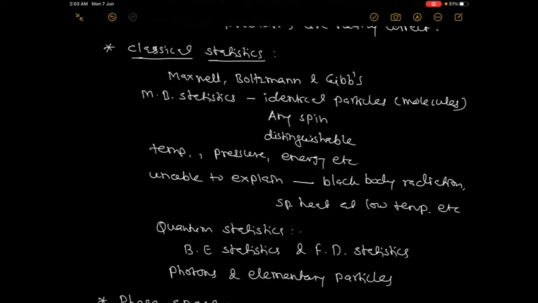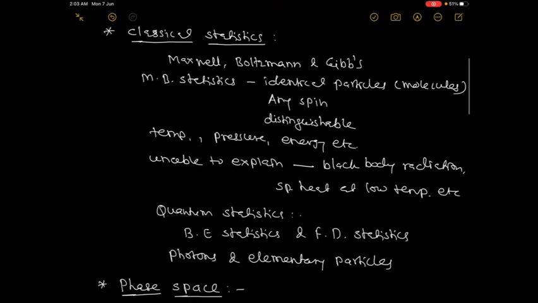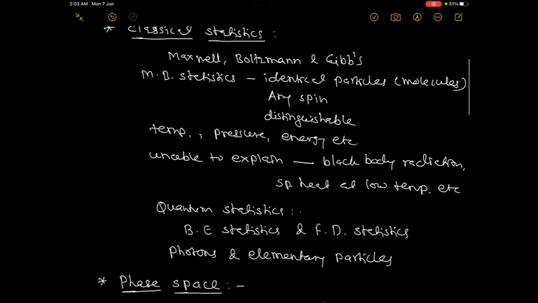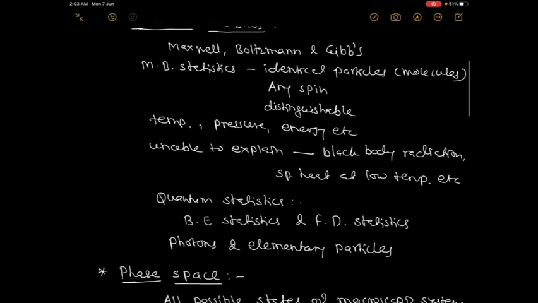Example, the gas molecule. It satisfactorily explains some observed physical phenomena like temperature, pressure, energy, but that statistic was unable to explain various experimentally observed phenomena like black body radiation as well as specific heat of gas at low temperature.